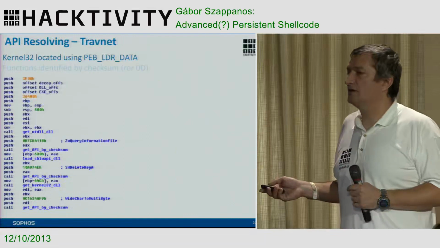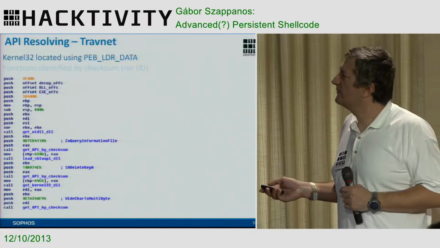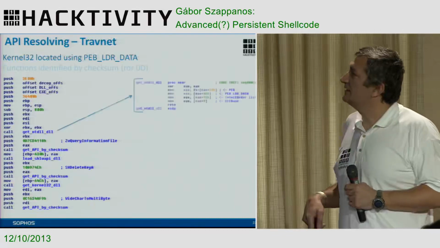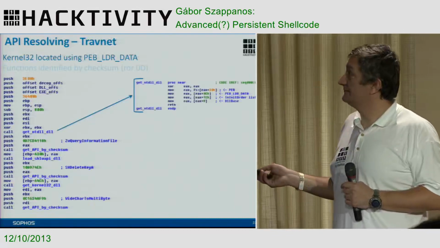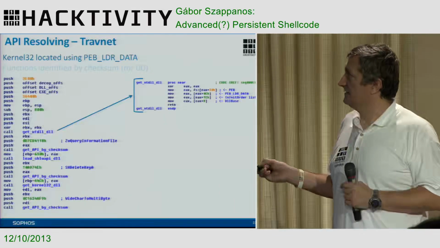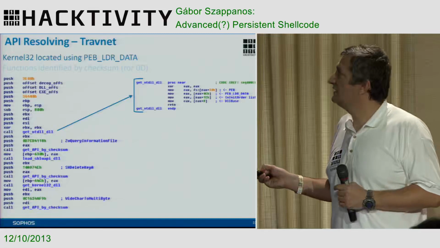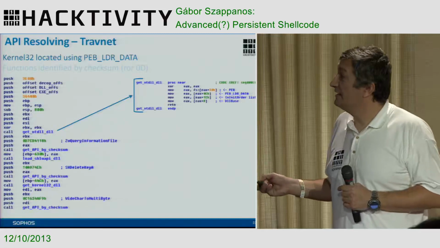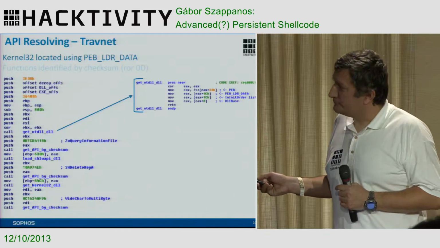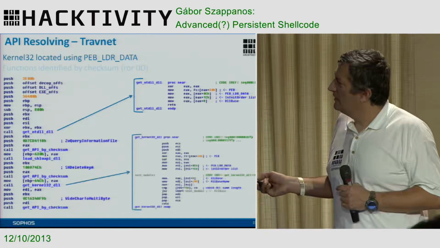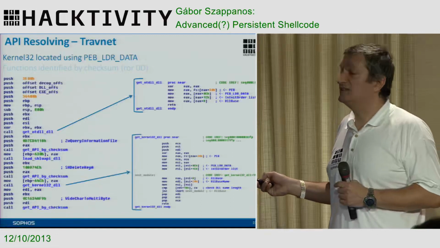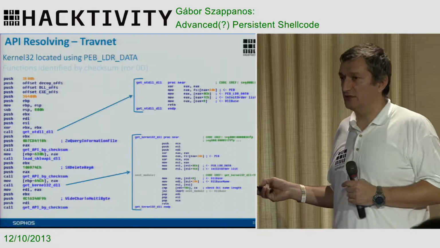TravNet, another APT threat, uses a somewhat similar method based on it. It will reach the first element of the DLL linked list, which is the ntdll list. And after that, kernel DLL is located by a similar method.